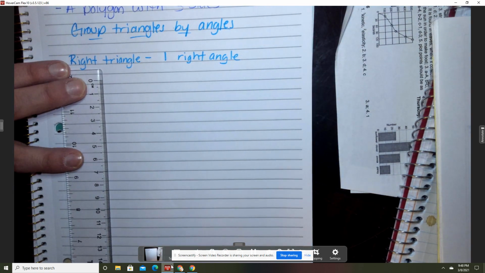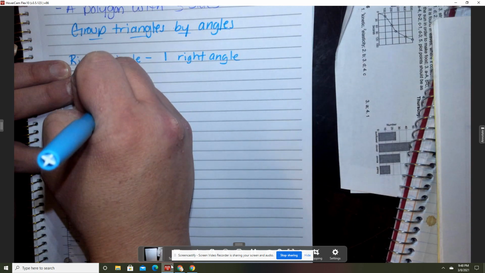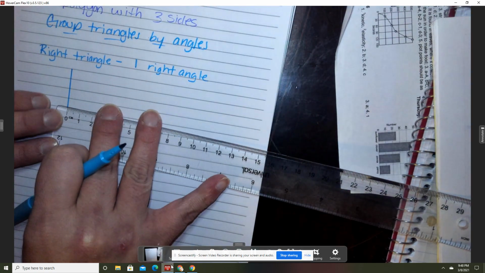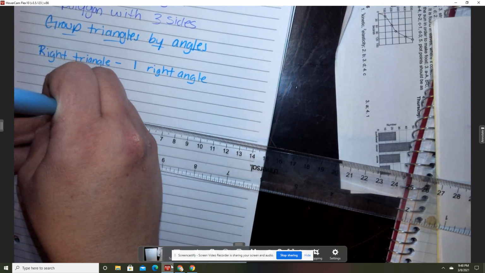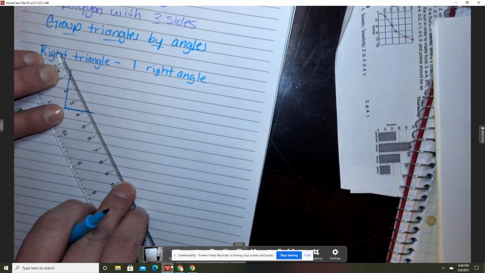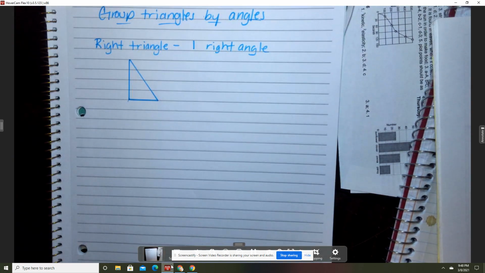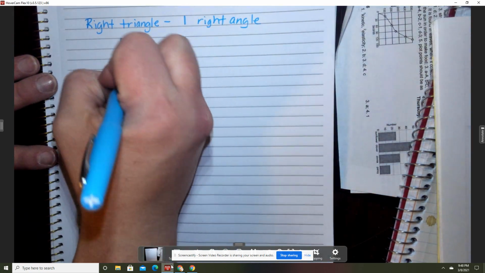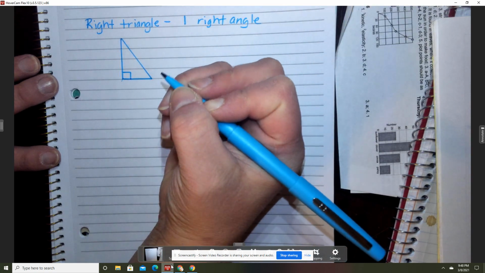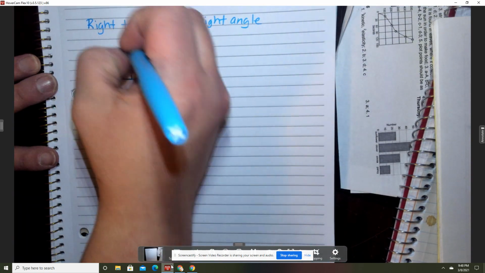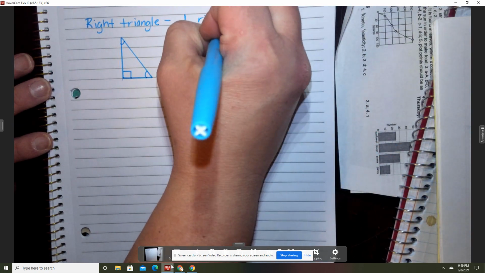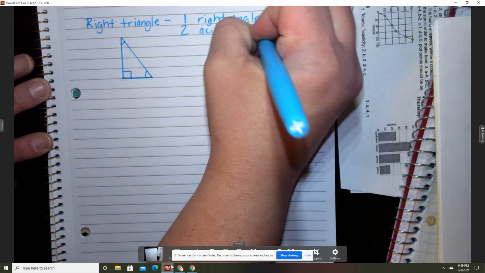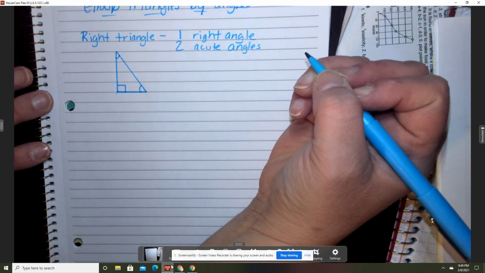So I'm just going to do the best I can, and you at home do the best you can. Okay, so that is an okay right triangle. So we would have the box in there. And these are acute, so we'll put two acute. But the way you can remember that it is right is that it has one right angle.